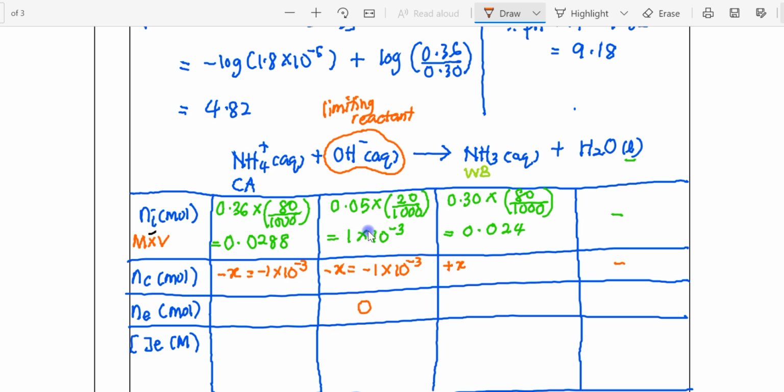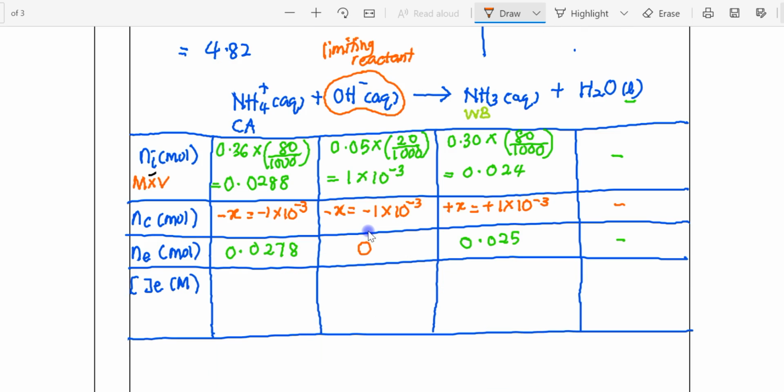The product, the weak base, is also the same. Next, moles at equilibrium: 0.0288 minus 1 times 10 to the power of negative 3 gives 0.0278. For the weak base, 0.024 plus 1 times 10 to the power of negative 3 gives 0.025.